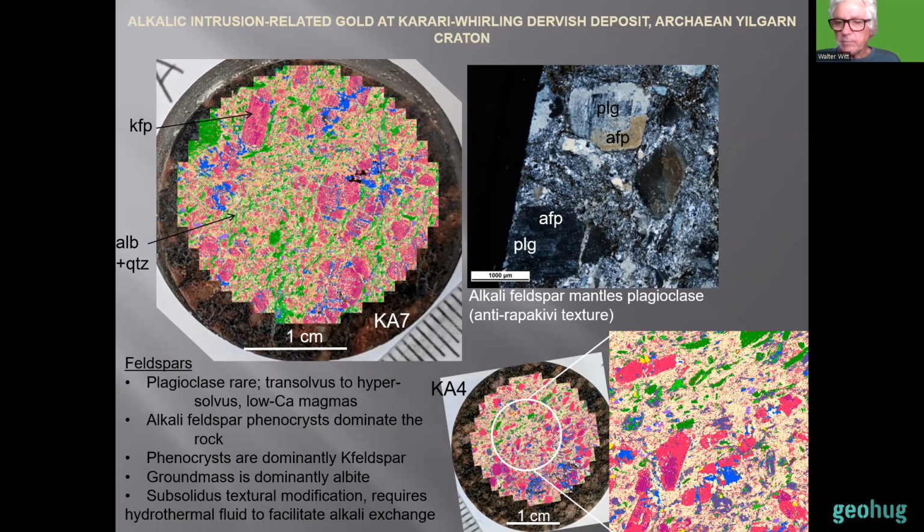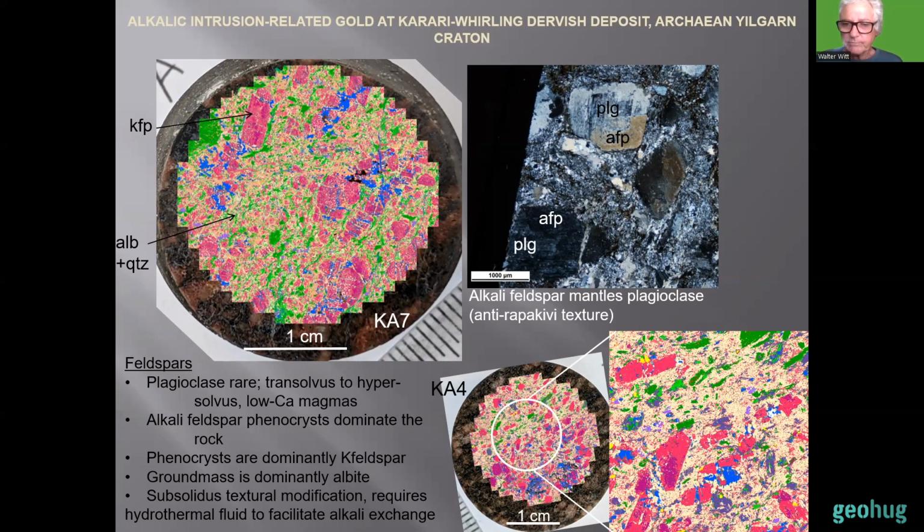There's no magmatic mechanism for doing this, and it really requires a pervasive hydrothermal fluid to facilitate the exchange of alkalis between K feldspar and albite. Notice also in the lower right that zones of biotite alteration are accompanied by an increase in the albite content of the groundmass.